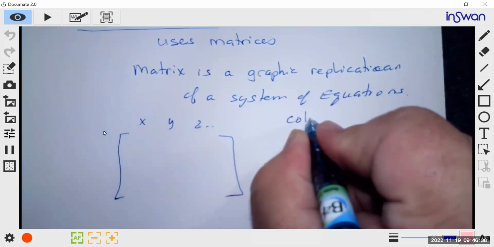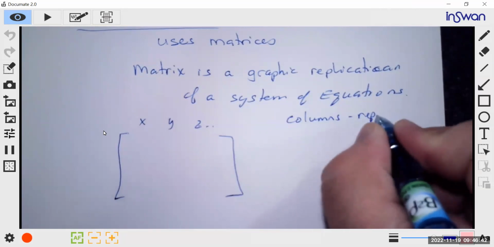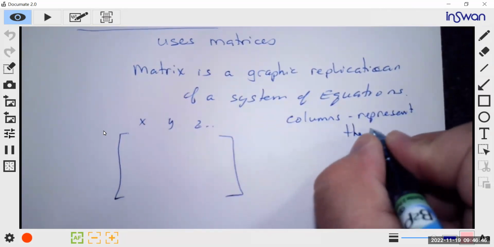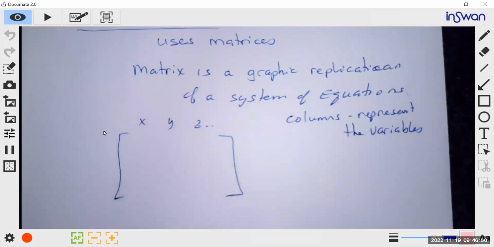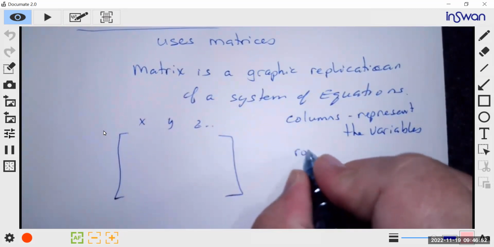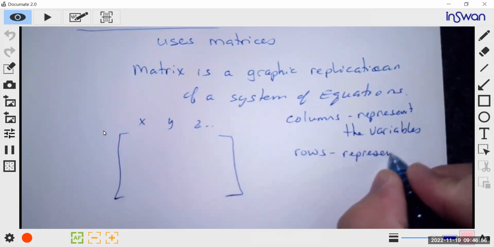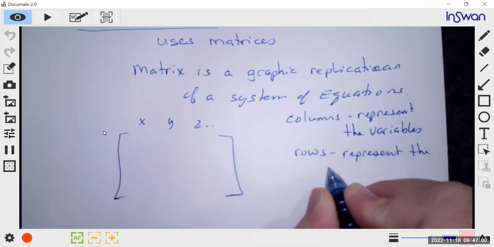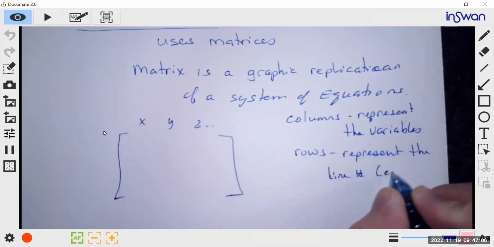The columns represent the variables. The rows represent the line number or the equation.